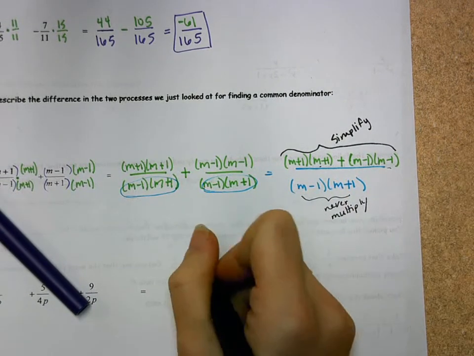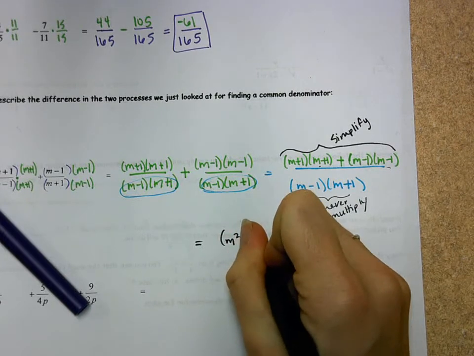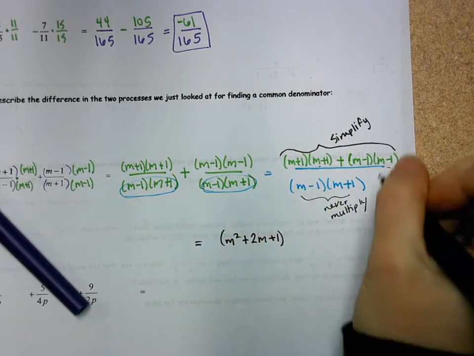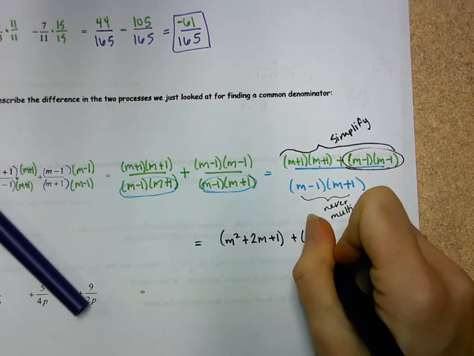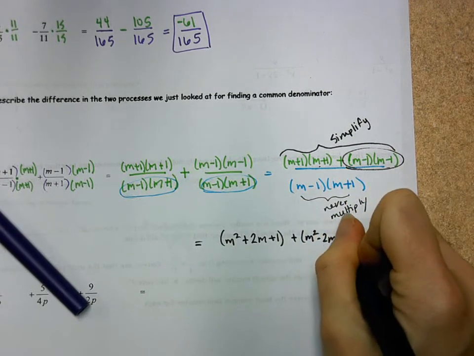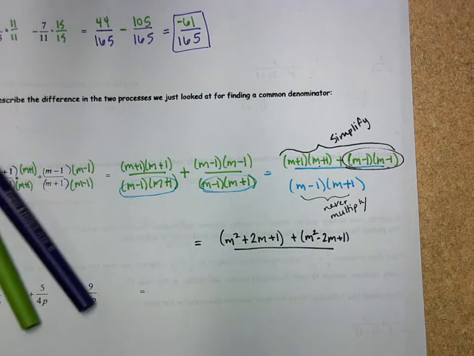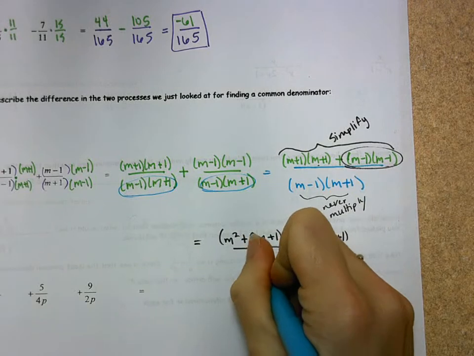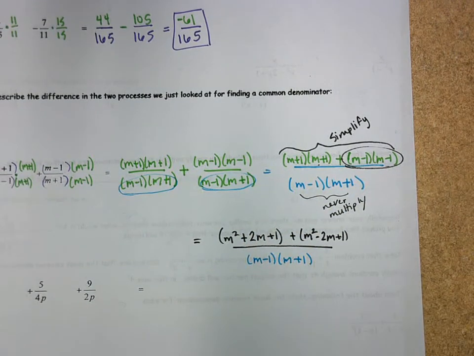So if I FOIL the first two, it comes out to be quantity m squared plus 2m plus 1. And if I FOIL the second two, that'll come out to be m squared minus 2m plus 1 all over, and I'm going to keep that denominator, m minus 1, quantity m plus 1.